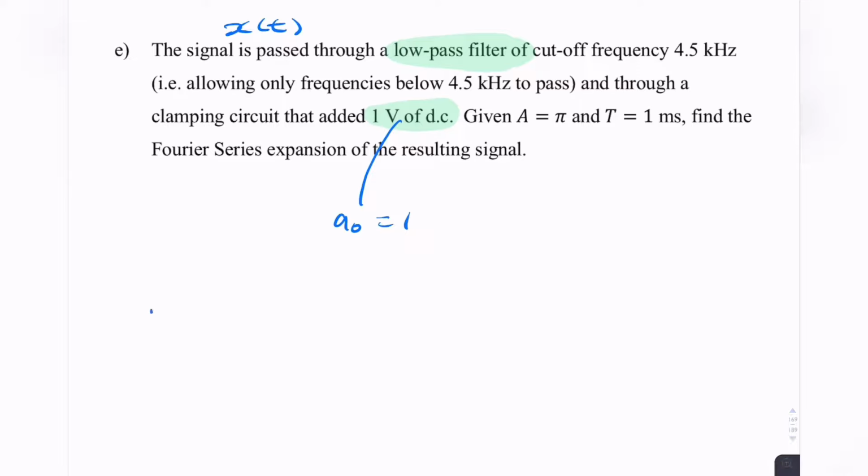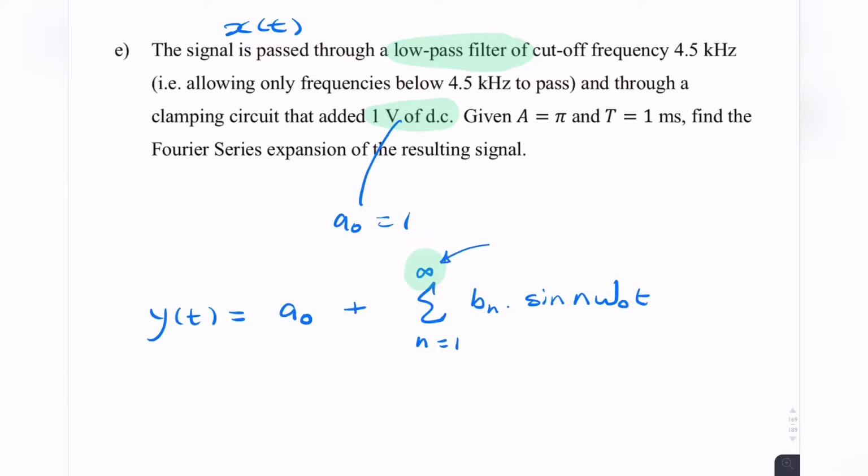So we're now trying to express y of t. And y of t will be the same as x of t, except it'll have fewer components. So it'll have a DC term, and instead of having n equals 1 to infinity times bn sine n omega naught t, this will be replaced by some value. And we need to find that out by looking at the cutoff frequency for our low-pass filter.